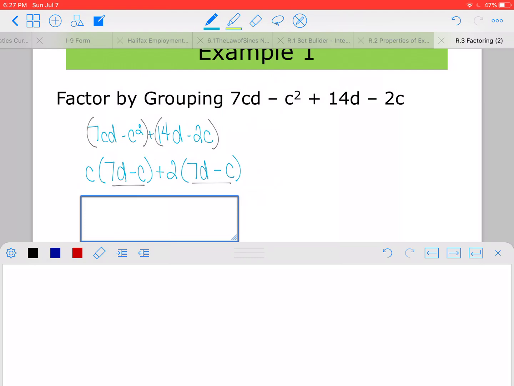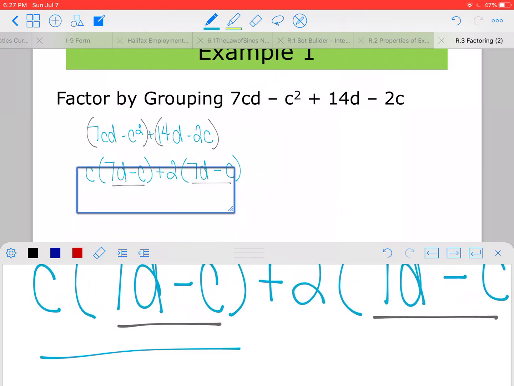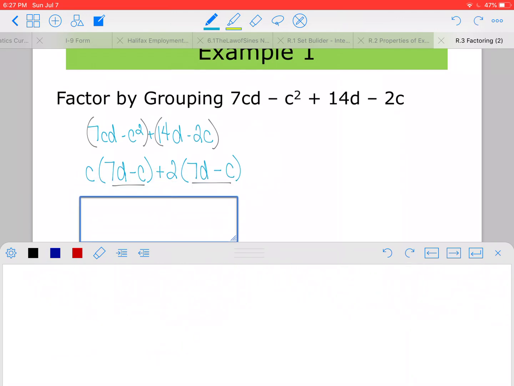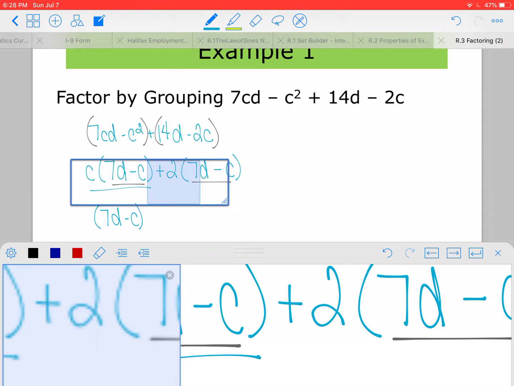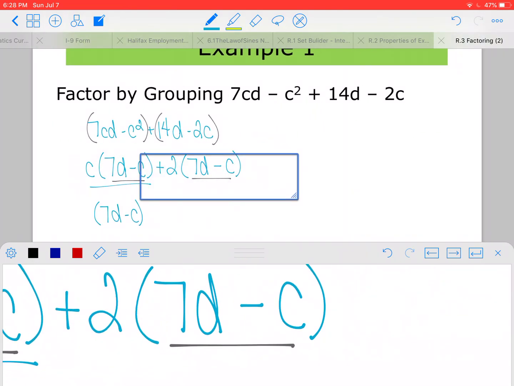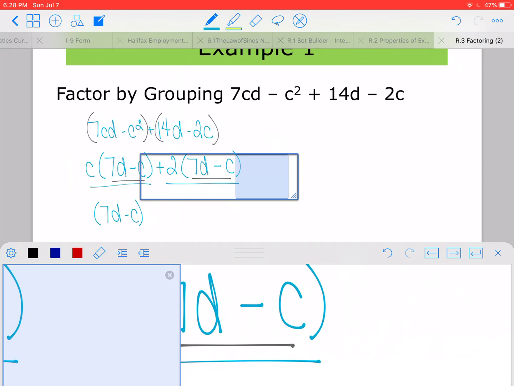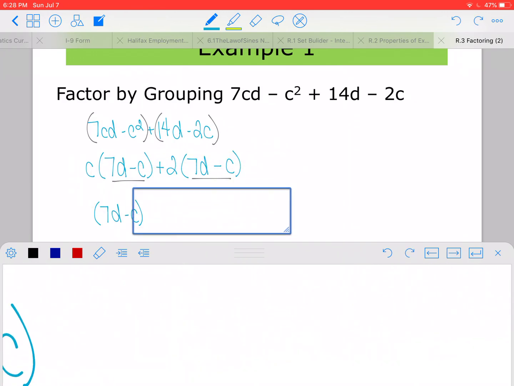So if we take the 7D minus C out of both this term and this term, what are you left with? C plus 2.